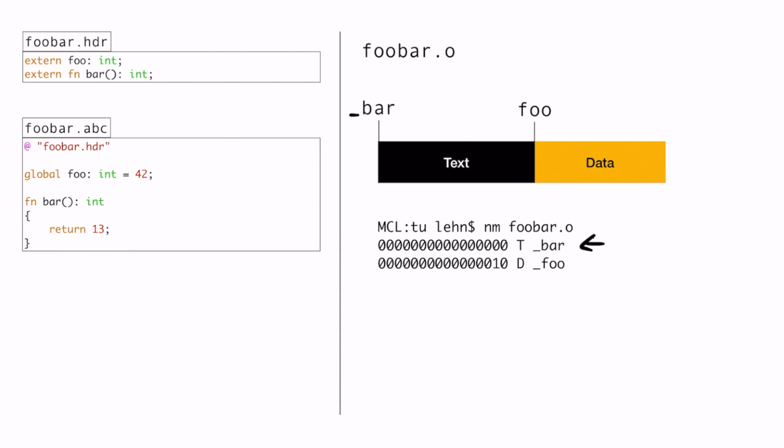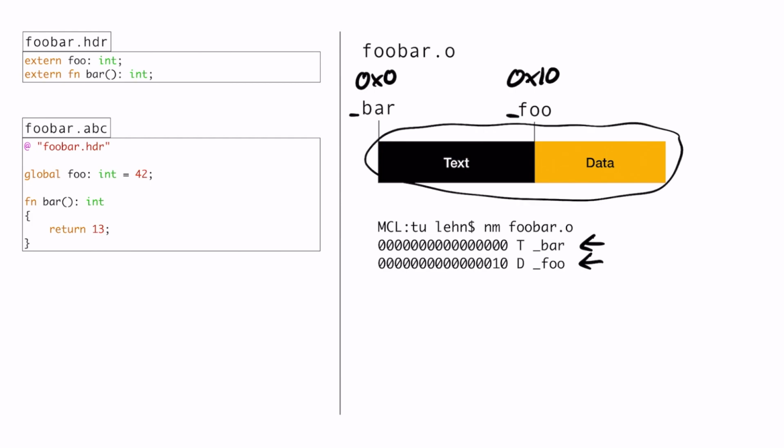This refers to the first byte in this array of bytes. And there is also a label underscore foo. So this is located at address hex 10. That means this underscore foo refers to the byte at address 16, hex 10. And that's basically it. That's the essential information here. We have an array of bytes, and we have positions for certain labels.